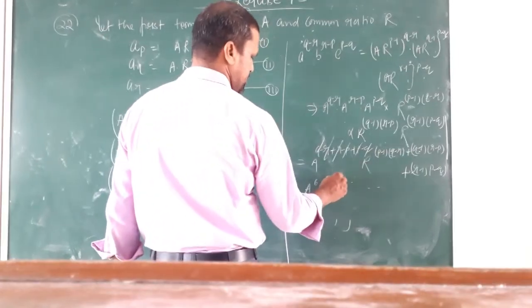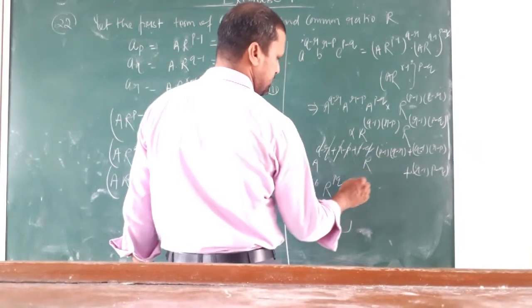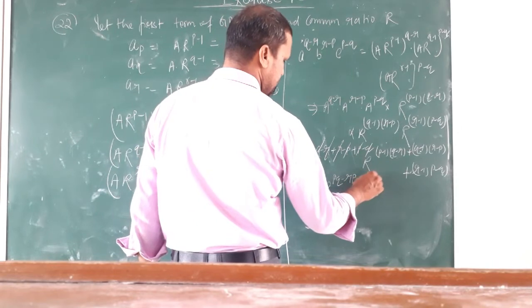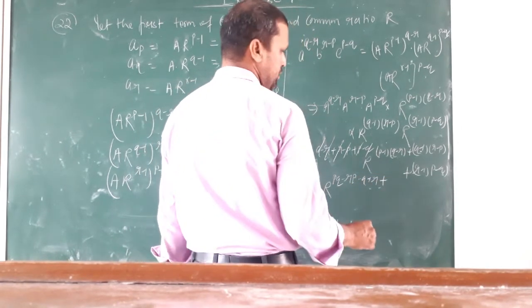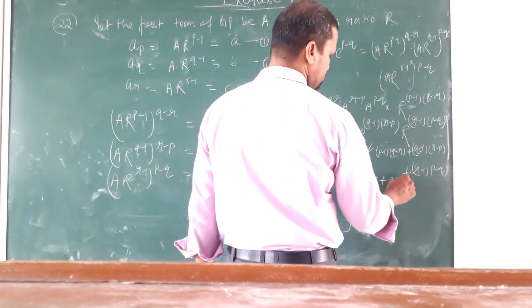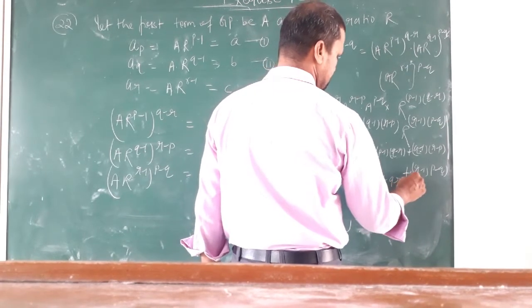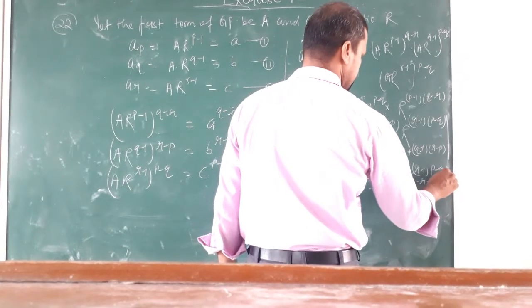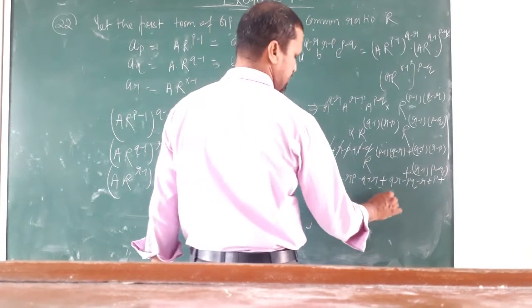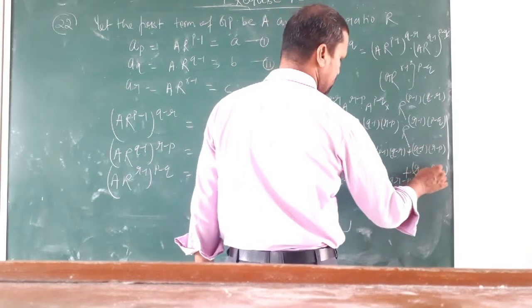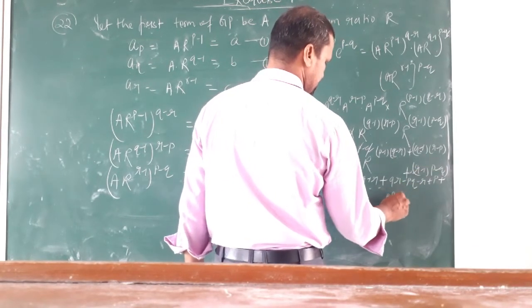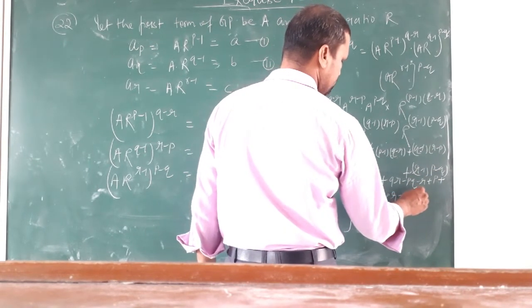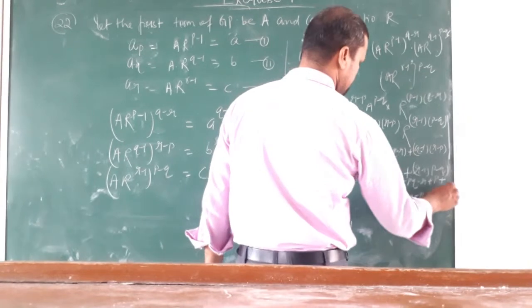Expanding, it is pq minus rp minus q plus r plus qr minus pq minus r plus p plus pr minus rq minus p plus q.